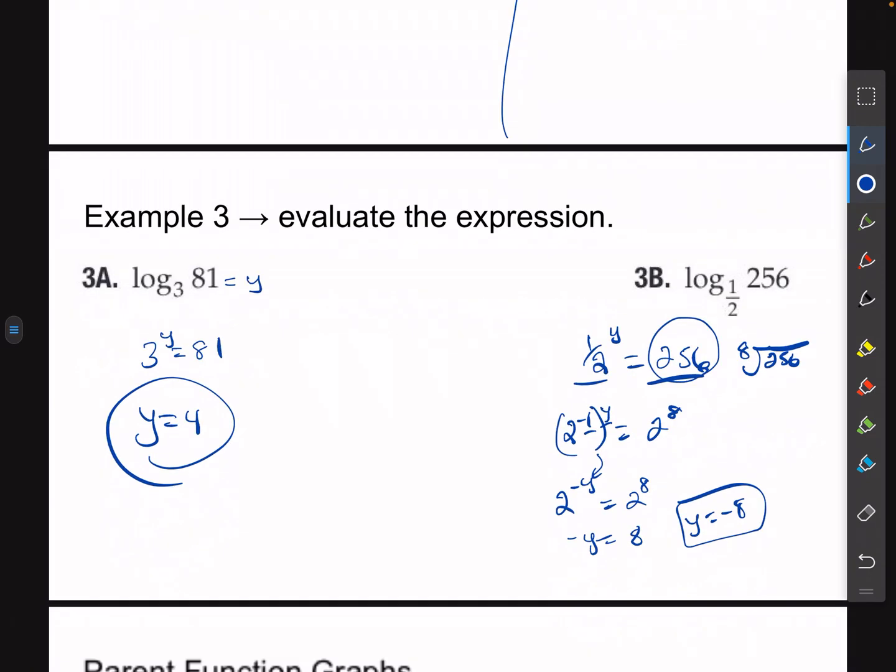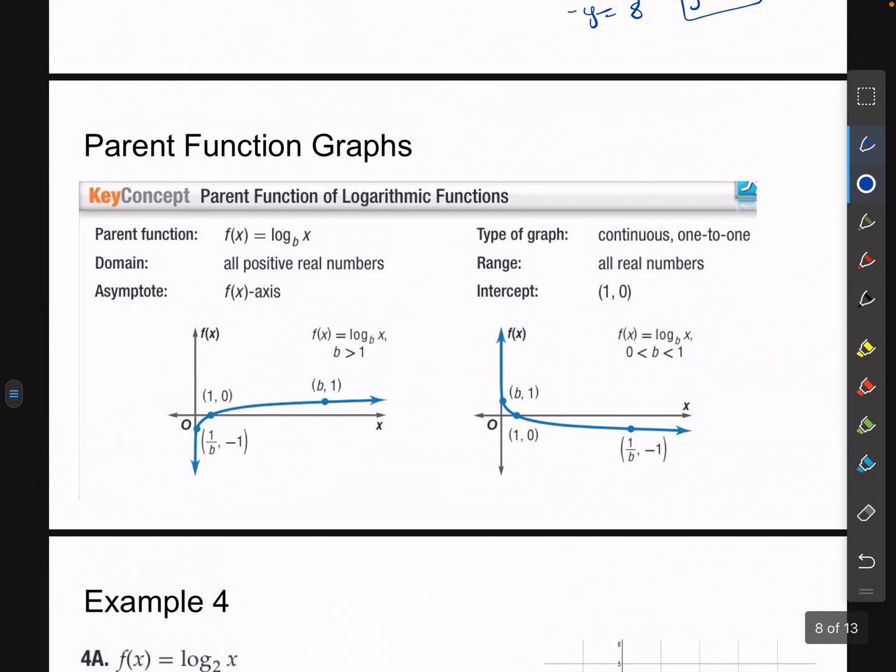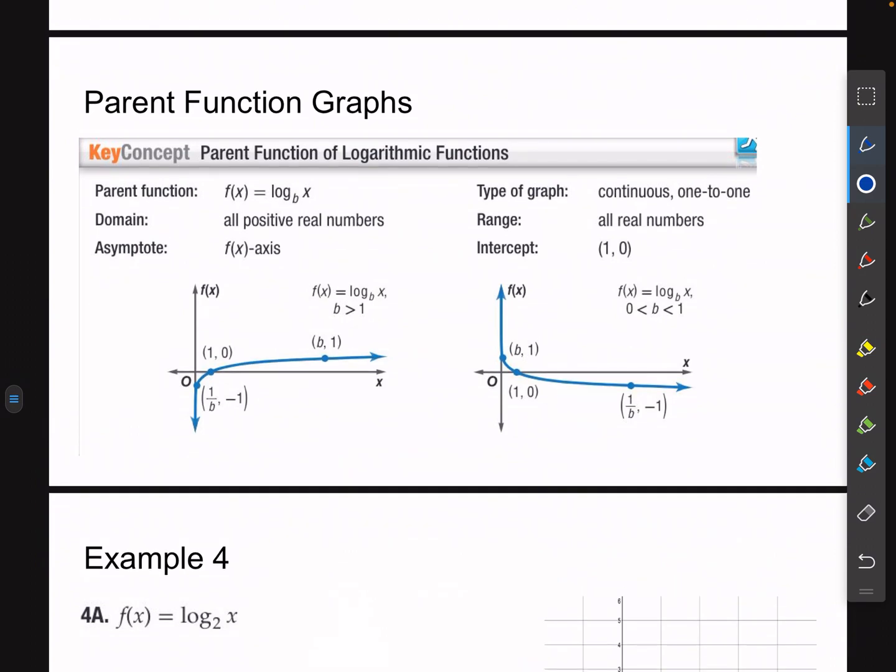But let's look at example 4 now. Oh, and this is kind of important: the parent functions of graphs. Notice that if you take a base to some power, you're going to get a positive number out, assuming that your base is positive. So if your base is positive, you're always going to have a positive number coming out for your answer.